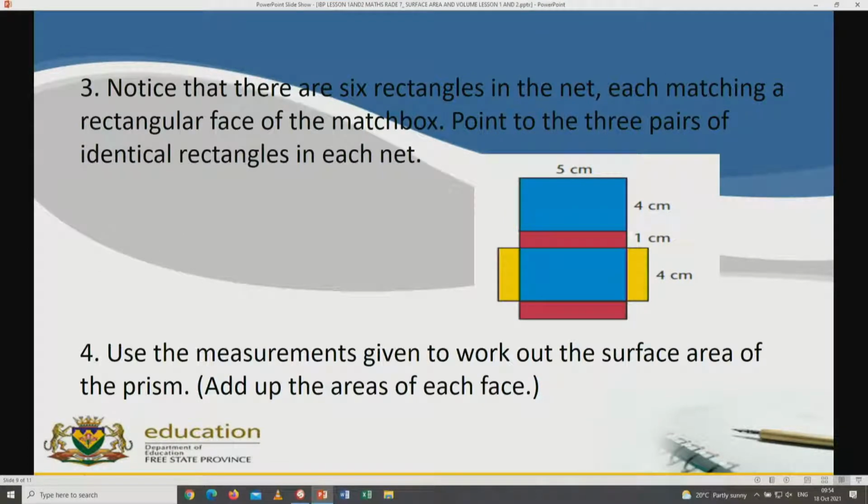Notice that there are 6 rectangles in the net, as I said, showing you the matchbox. Each matches a rectangular face of the matchbox. Point to the 3 pairs of identical rectangles in each net.